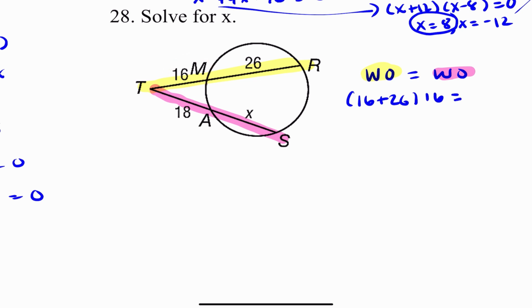Which is equal to the whole thing in pink, which looks like 18 plus x, not 18x. And you're going to multiply that by your out in pink, which is 18.